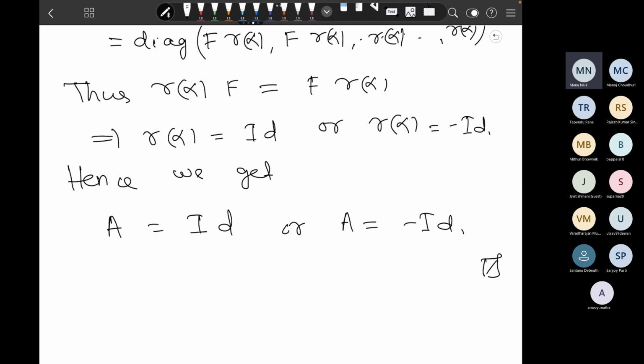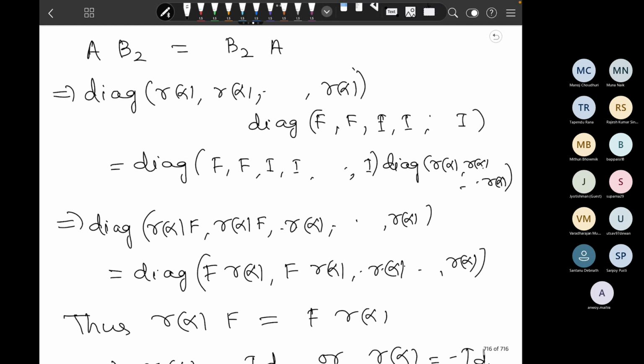So is this clear? Yeah, it's clear. See, why are you doing it for only two F's? You can take as many as m F's, right? Because I need only one thing.